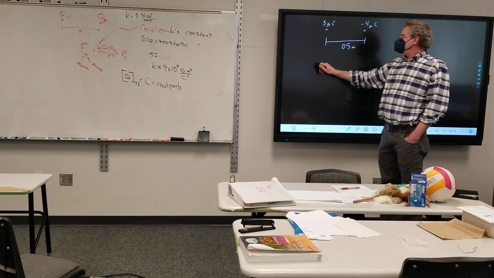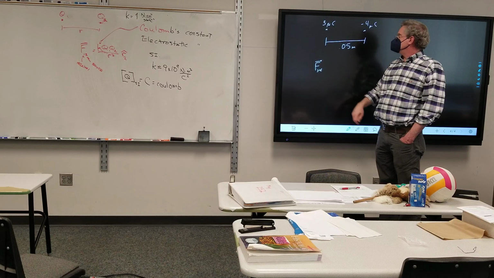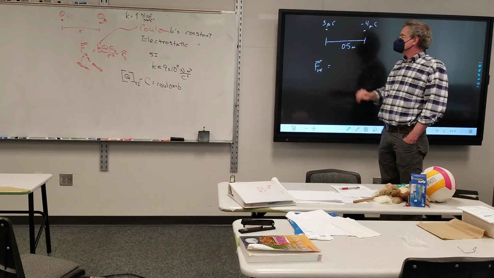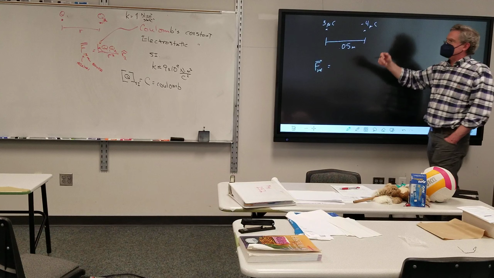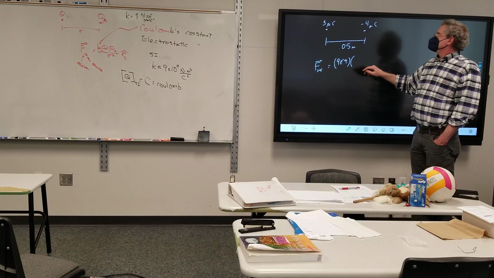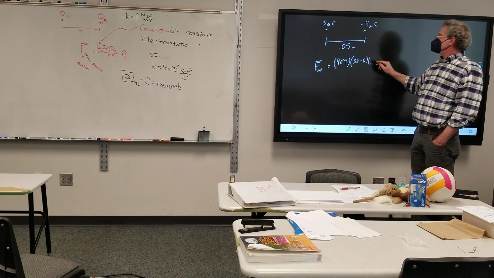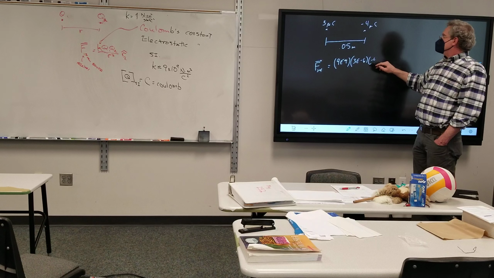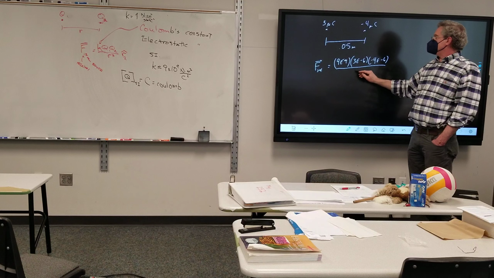I want to know, what is the force on 3 from the 4? So getting the magnitude is simple enough. You're plugging and chugging 9 times 10 to the 9th times the charges, divided by the distance between them squared.